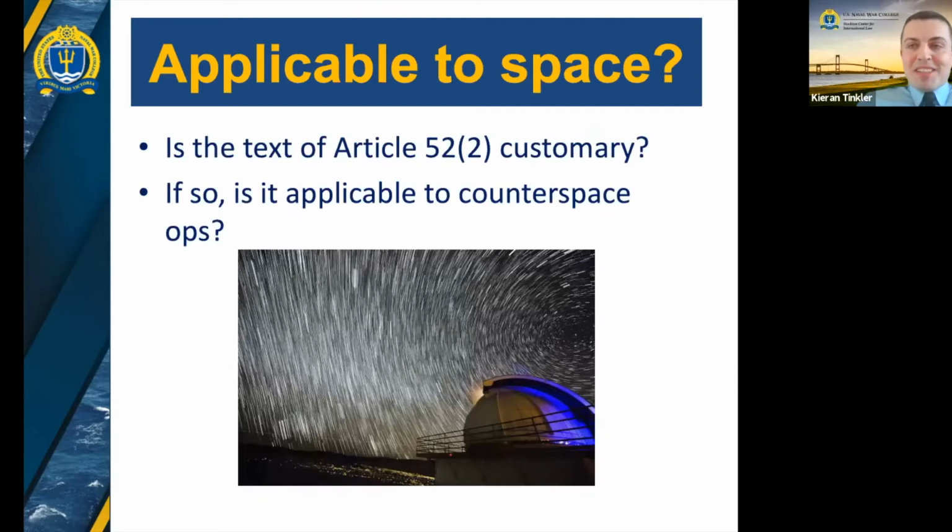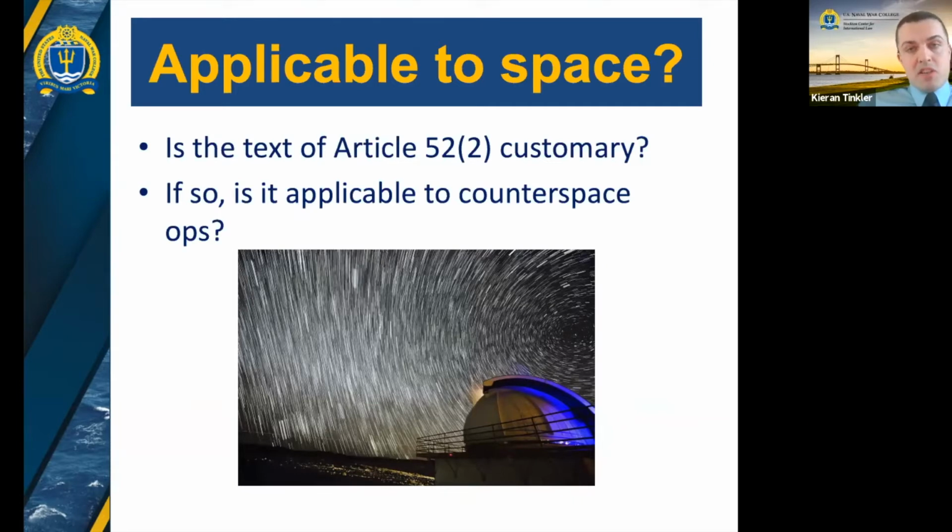So the obvious question in a presentation about space is why is this? First of all, is this customary? And second, if it's customary, does that extend to counterspace operations? So it's almost universally recognised that the test of military objective in Article 52.2 is customary international law.